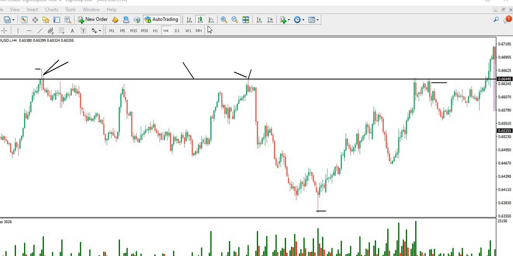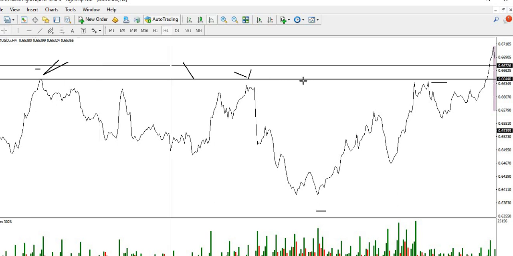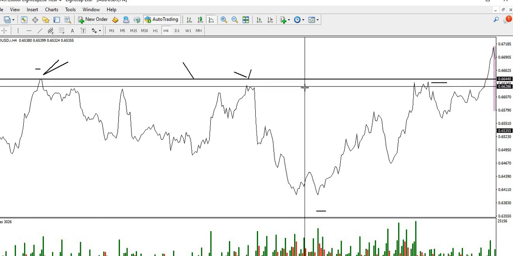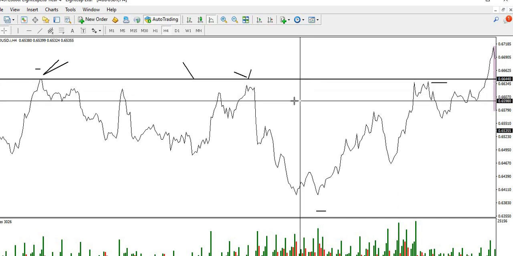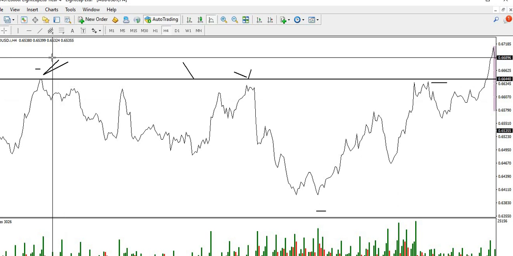Now, simply move to the line chart and pull out the crosshair, start coming lower on the chart to look for the zones. Is this a zone area? Yes, this is a zone area.